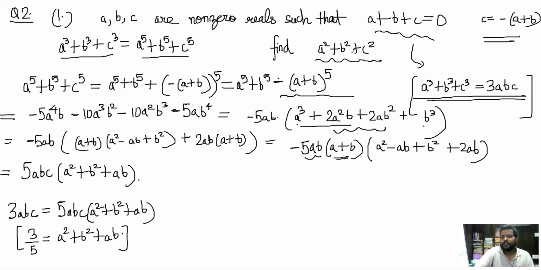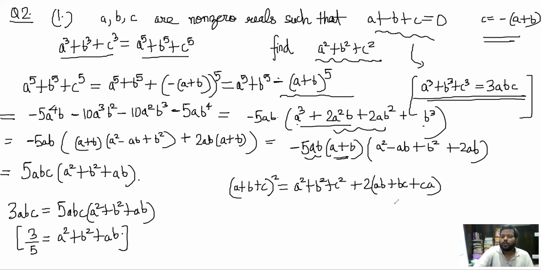So let's try to think of what (a plus b plus c) whole square is. (a plus b plus c) whole square will be a square plus b square plus c square plus 2 times (ab plus bc plus ca).